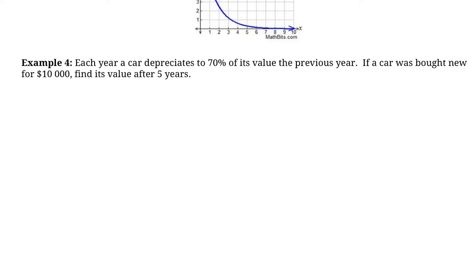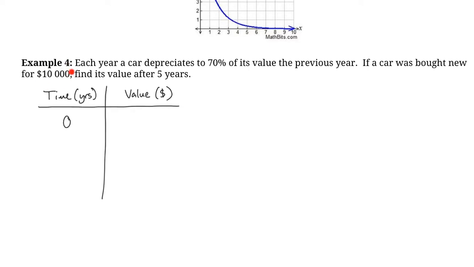So let's just make a table of values to help us out here. We can start off with our independent variable time, which will be measured in years, and our dependent variable will be the value of the car. This is in dollars. So at year 0, the car was bought for $10,000, so that's the value of the car.